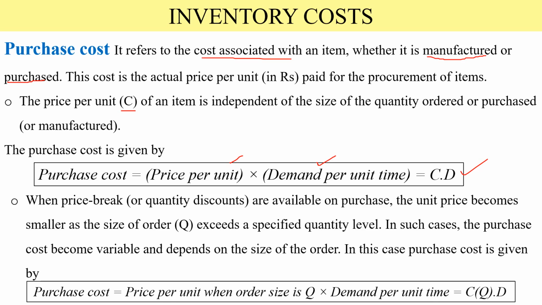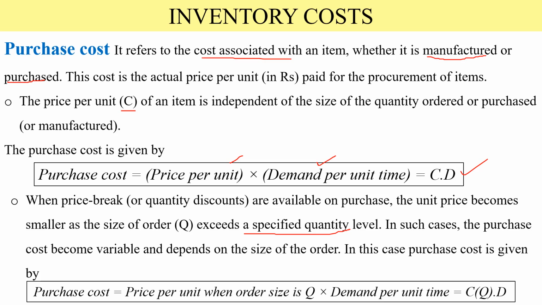So when price breaks are available on purchase, the unit price becomes smaller as the size of the order exceeds a specific quantity level. In such cases, the purchase cost becomes variable and depends on the size of the order.